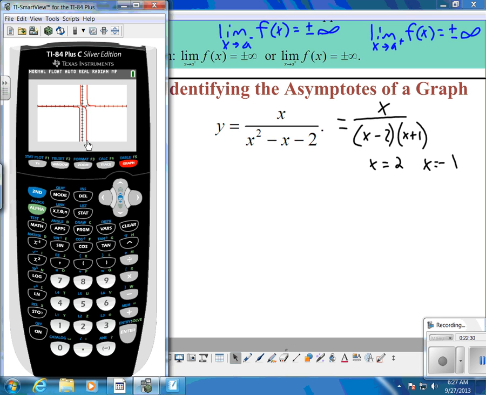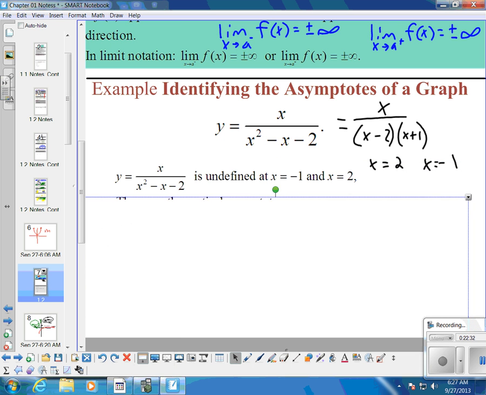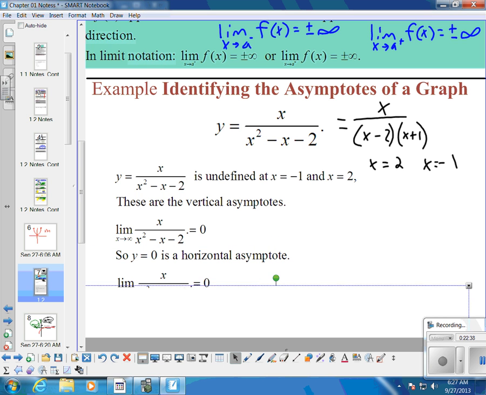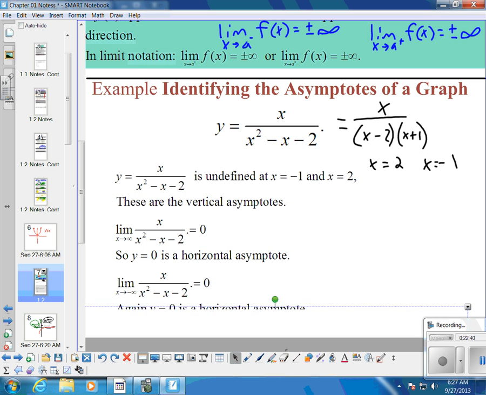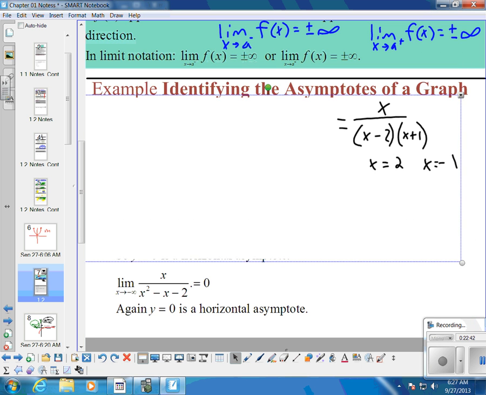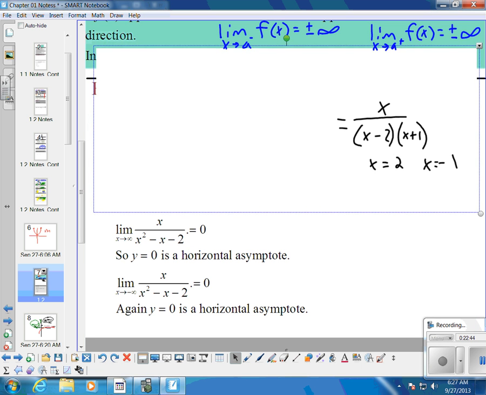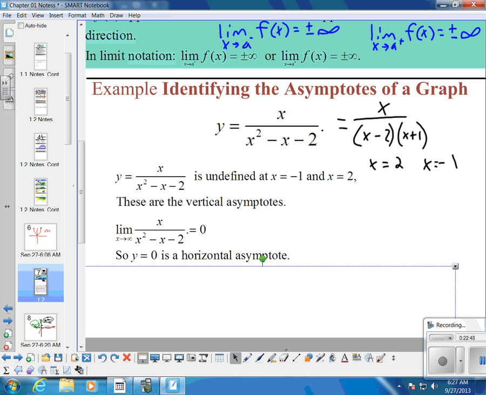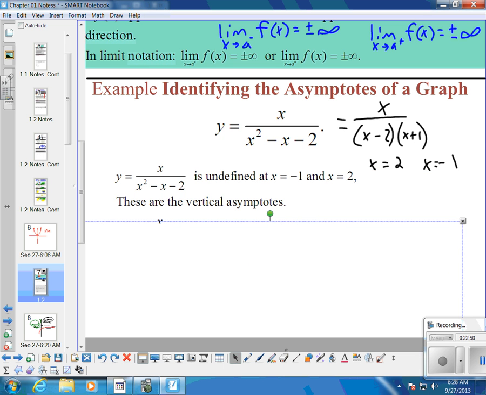So what you would do is, oops, let's see, sorry about that, back up. I guess I didn't show the limit notation earlier.